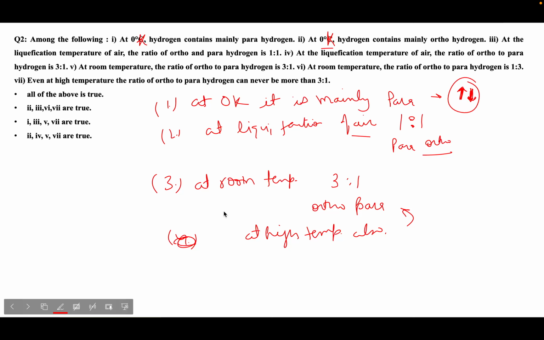And there is one very interesting thing in this, that we cannot get 100% ortho hydrogen.